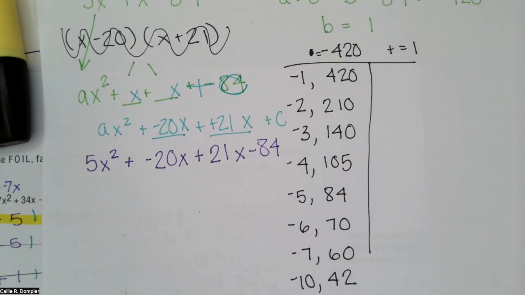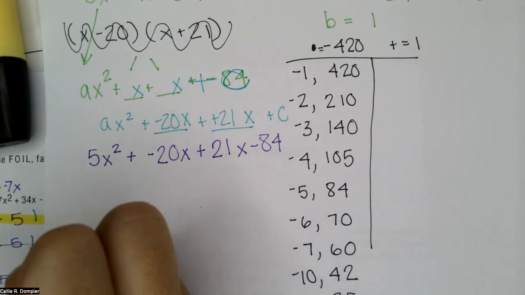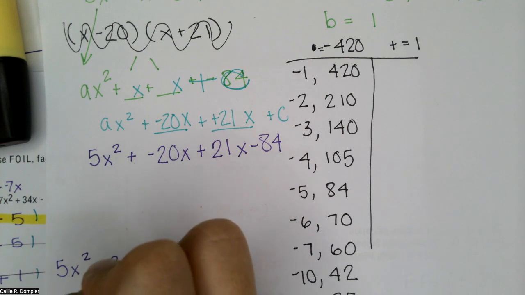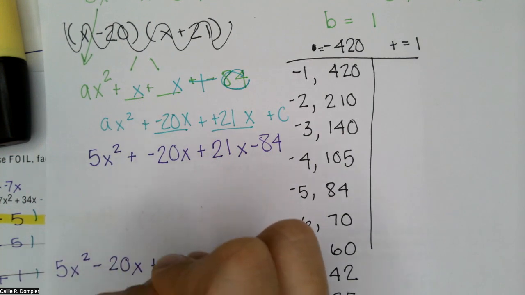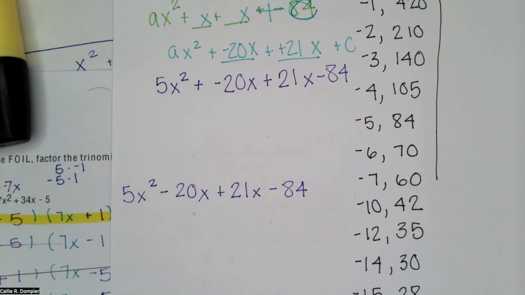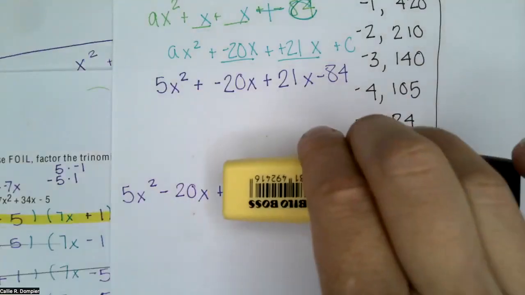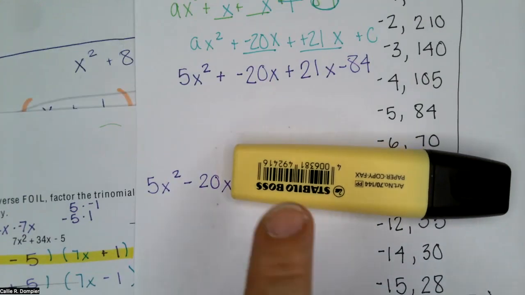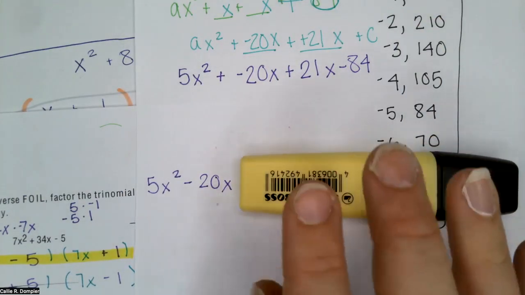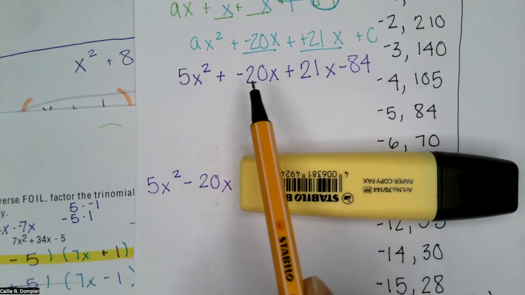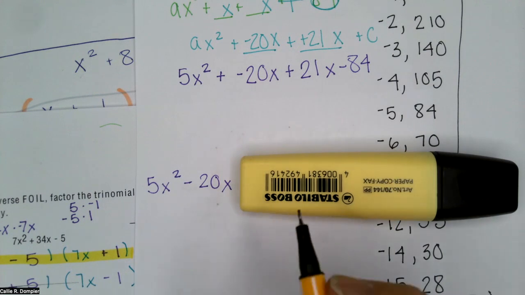Okay. Now, 5x squared minus 20x plus 21x minus 84. You're welcome to change the order if you want. I'm just going to go with what happened. Negative 20 and 21 was how it was written, so that's how I wrote it. There's nothing wrong with doing 5x squared plus 21x minus 20x minus 84.